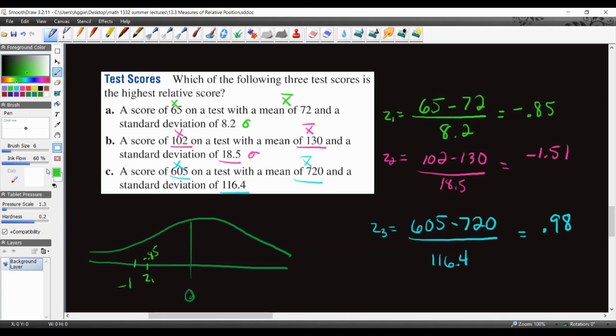Z2 would be negative 1.51, somewhere over here. And Z3 is actually really close to that 1. So here's Z3. It looks like the closest one to my center is going to be this one by a little bit. So this would be our answer, letter A.